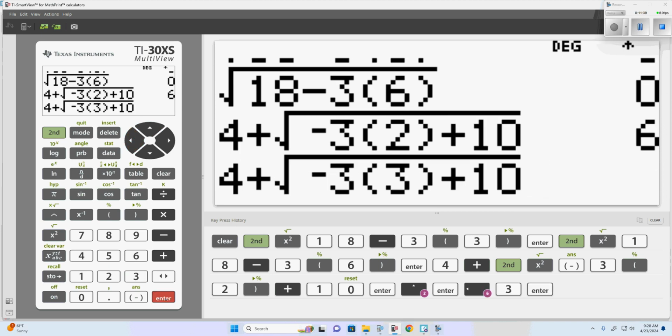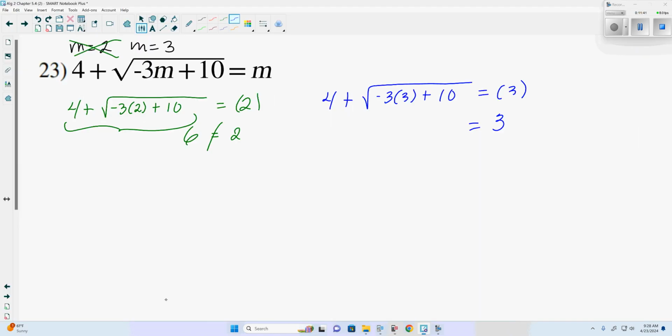So when we try it again with 3, there is no solution for any of these here.